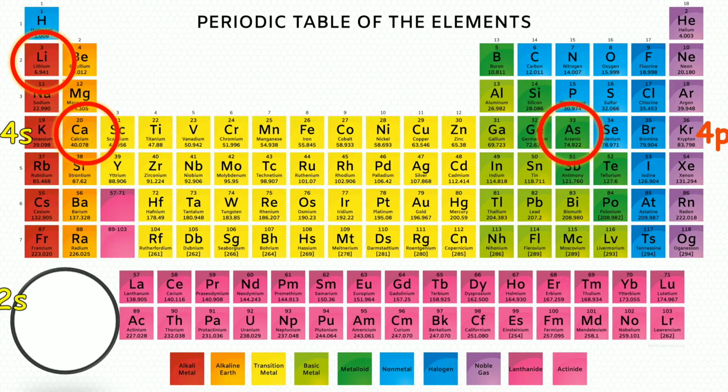The answer is 2s. Why did it become 2s? Because which row is lithium in? It is in the second. Let's count again, 1 and 2. Why s? Because, as we said earlier, the S block is located on the left side of our periodic table. So, the answer is 2s. Okay, good job.